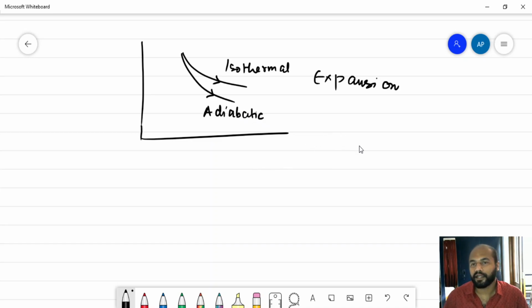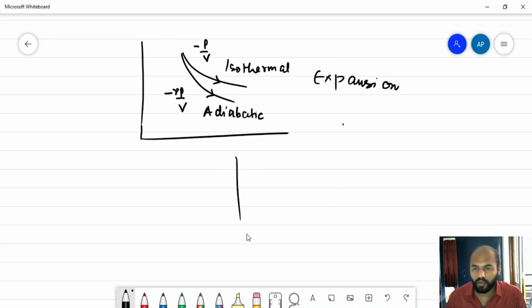So you can clearly see that the adiabatic graph would be a bit steeper. Slope of this is minus gamma times P by V. And slope of this is minus P by V. So this gamma multiplication is the reason why the adiabatic curve is steeper than the isothermal one in this case. Now magnitude wise, of course, the adiabatic slope is greater.